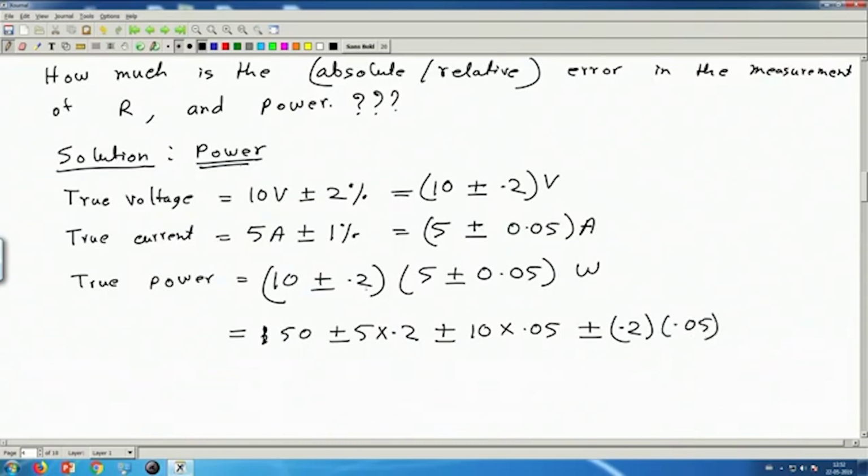Since these are small numbers, the product of two small numbers is going to be further small, so we will ignore this term. For ease of calculation, we can ignore this.